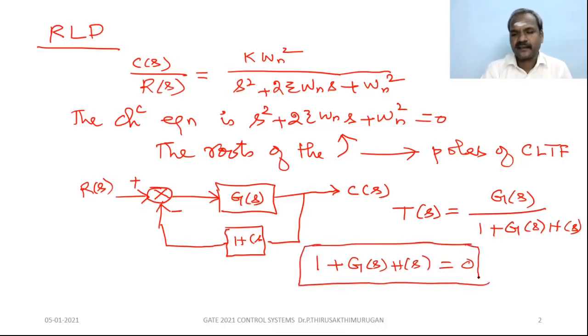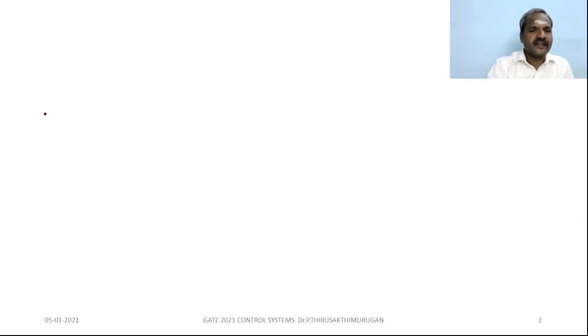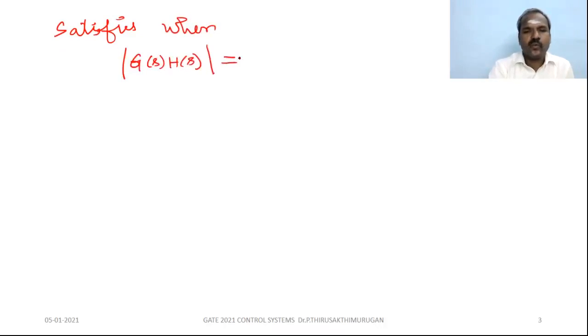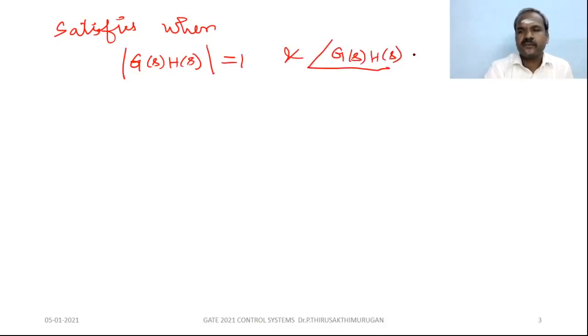Understand? Characteristic equation. Here, the characteristic equation is satisfied when the modulus of G(s)H(s) equals 1, and the angle of G(s)H(s) is equal to 180 degrees.